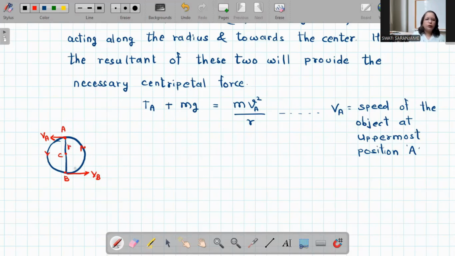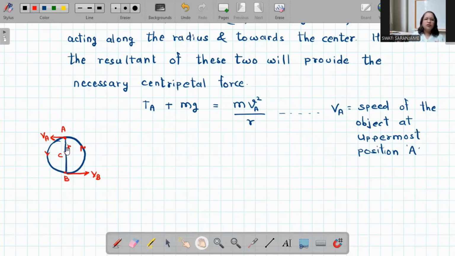Now, to continue, as the motion is under gravity, when the object reaches the position A, its speed goes on decreasing as it is moving against the gravity. So speed VA will go on decreasing, and when it reaches the highest point, the uppermost point on that vertical circle, this VA would be the minimum possible speed it has acquired just to continue its vertical circular motion.